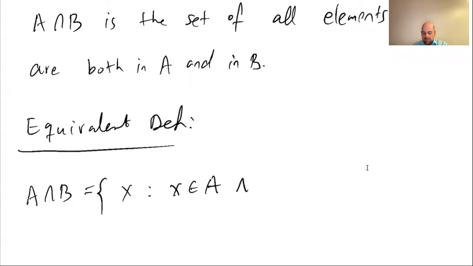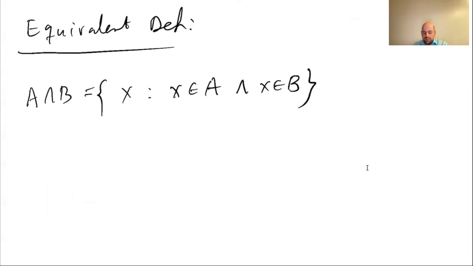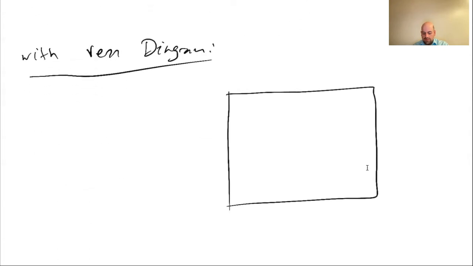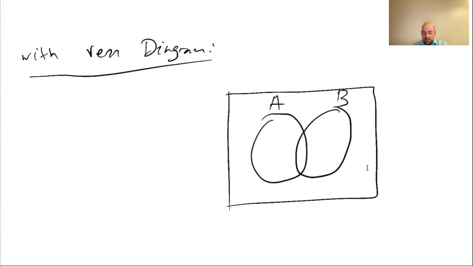So conjunction, X belongs to B. And with a Venn diagram, how can I show the intersection? Again, see, I have two sets, A here, B here. And then A intersection B means the set of all common elements. So these are the common elements.